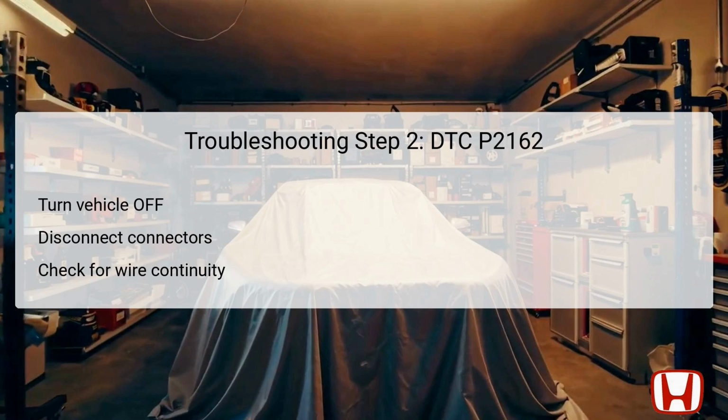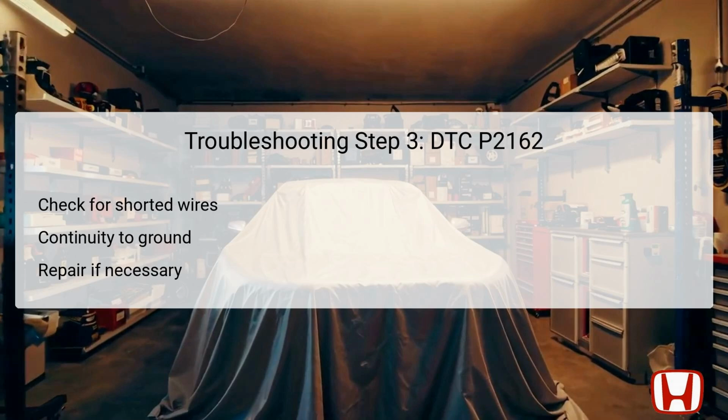The third troubleshooting step involves checking for shorted wires in the NM, NOUT, and VCC2 lines. After ensuring the vehicle remains off and the TCM connectors are still disconnected, check for continuity between each test point and the vehicle body ground.